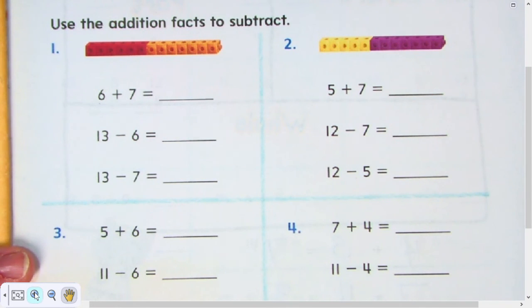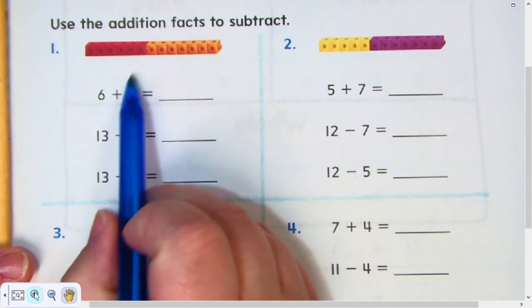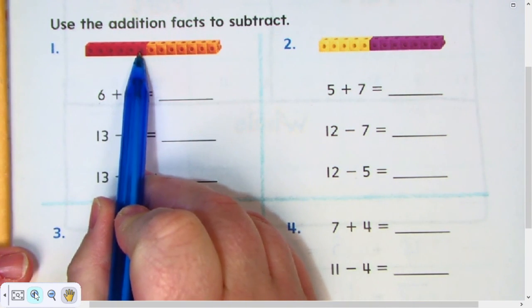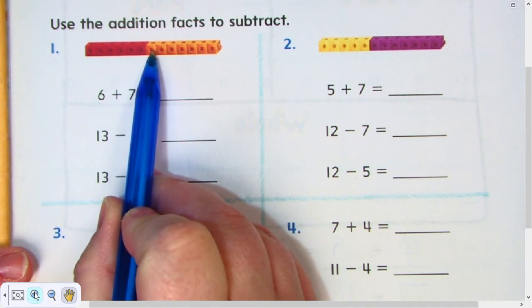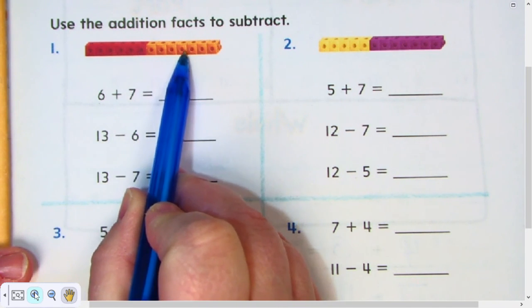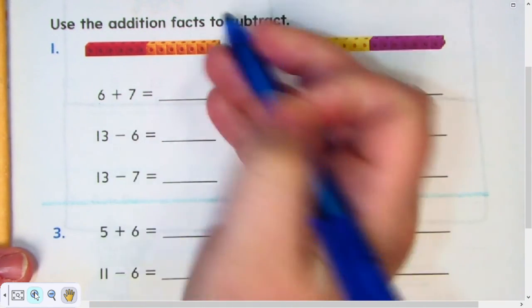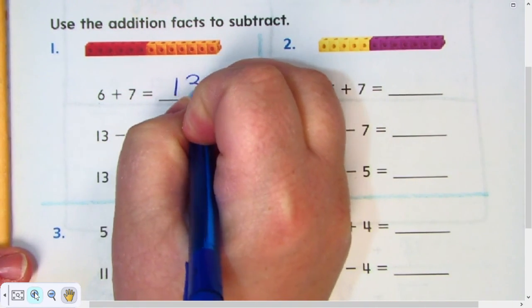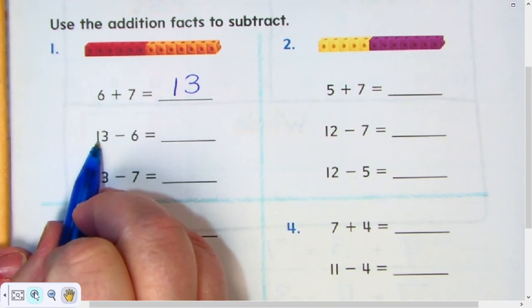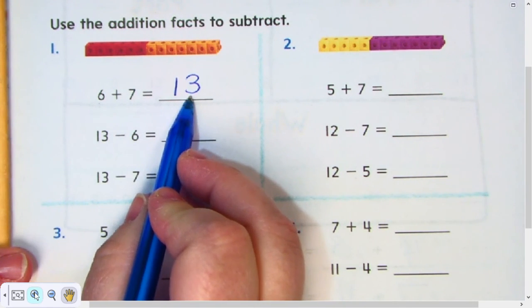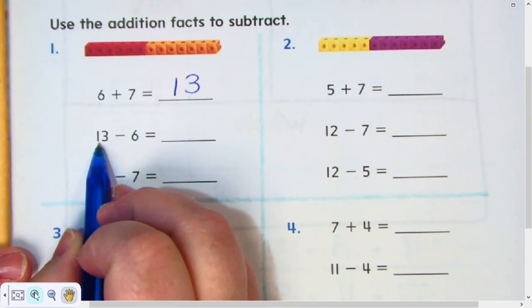That's why I like doing 5 in a row, because you can see it quickly. So let's start from our 6, because that's where we were at. So we have 6, 7, 8, 9, 10, 11, 12, 13. So 6 plus 7 is 13. Well, if we take those 13, remember that's our big daddy, and we're subtracting, so he goes first.